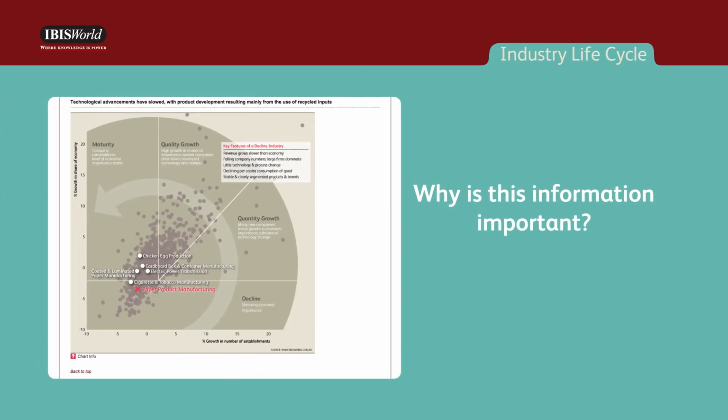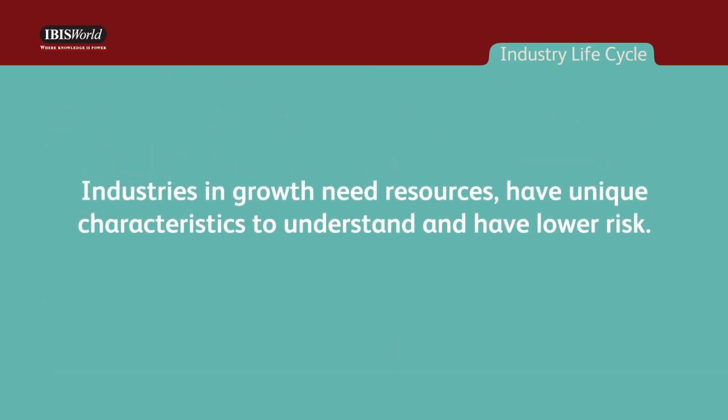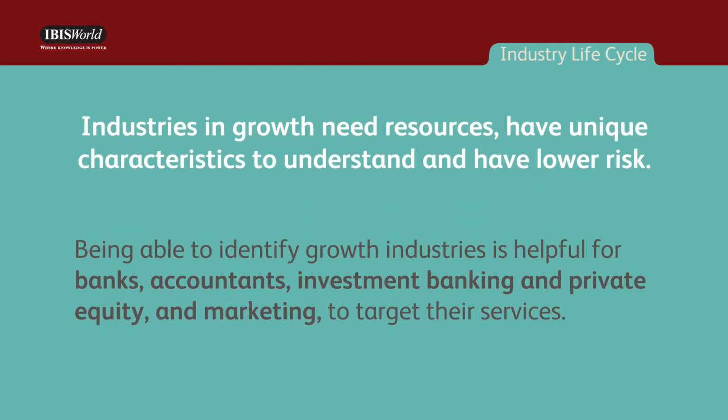Why is this information important? You can know a lot about the characteristics of the industry just by knowing the life cycle stage. Industries in growth need resources, have unique characteristics to understand, and have lower risk. Being able to identify growth industries is helpful for banks, accountants, investment banking, and private equity, and marketing to target their services.